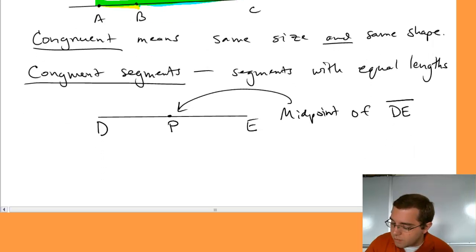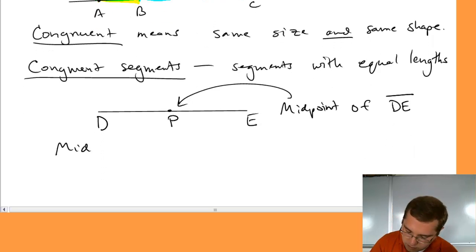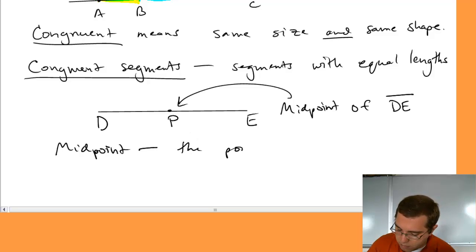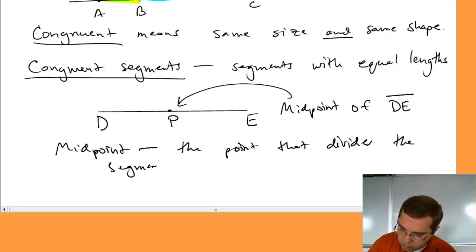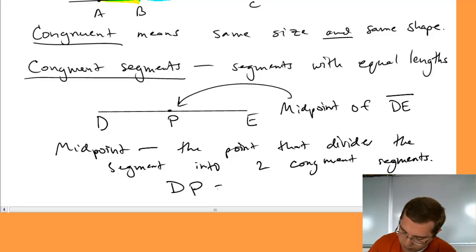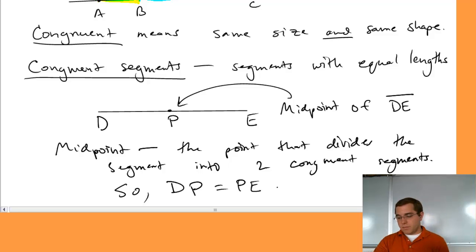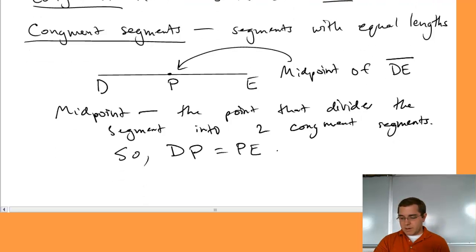The midpoint of the segment is the point that divides the segment into two congruent segments. So in my example here, DP has to be equal to PE because P is the midpoint of segment DE. That makes sense. We know what midpoints are.